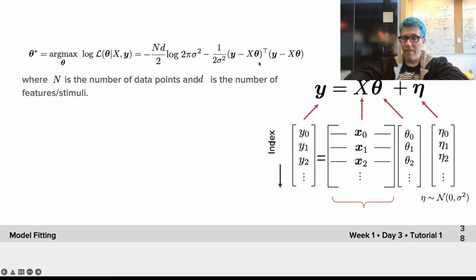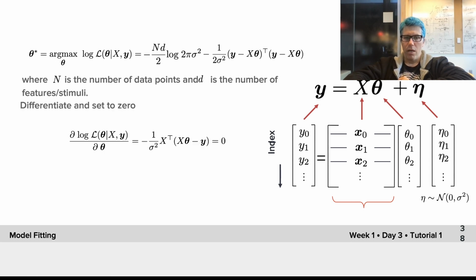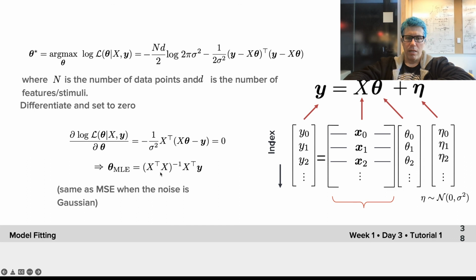This is just the vector version of the squared error, where we have y minus x theta, transposed, times y minus x theta, where n is the number of data points and d is the number of features or stimuli. Okay, so we differentiate and set to 0. Here we have the maximum likelihood estimate, the same as mean squared error when the noise is Gaussian.